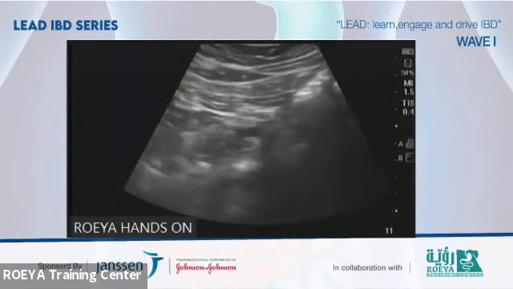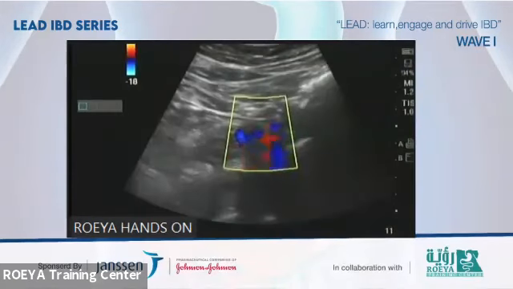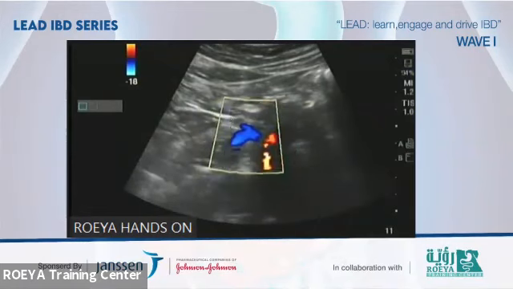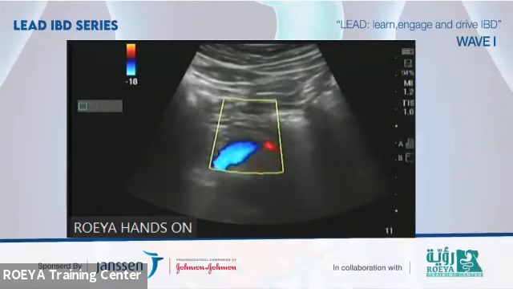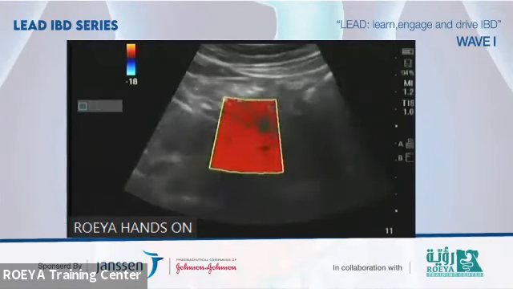We can see here the superior mesenteric artery and vein. Here the artery is located on the left side, and the vein is located on the right side, which is the normal orientation.